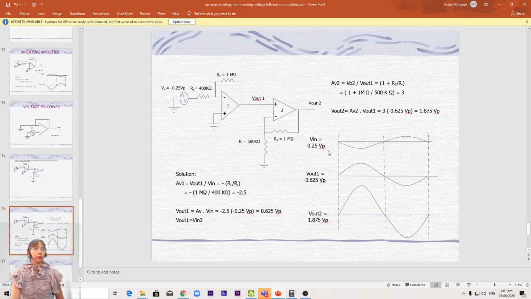We have Vin of 0.25 volts peak. It says here negative, so that's why we started at the negative cycle. So VO1 would be positive, so that's why it becomes positive here. And VO2 is also positive, 1.875 volts peak.